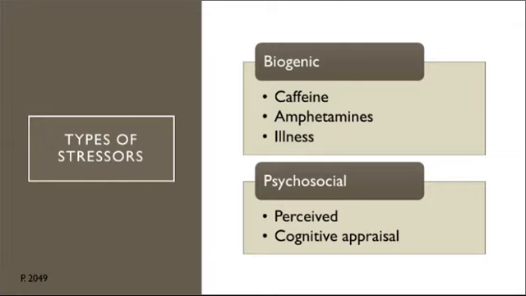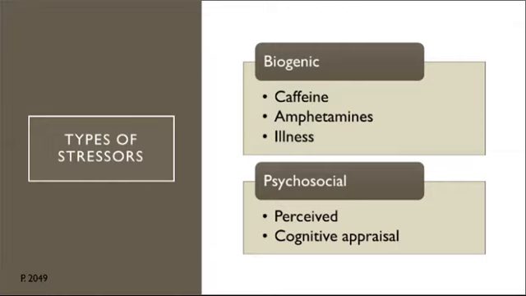Psychosocial stressors can be real or imagined. It's an environmental event, perceived by cognitive appraisal. You know it's there. Fight or flight. Both severity and length of exposure affect our stress response.